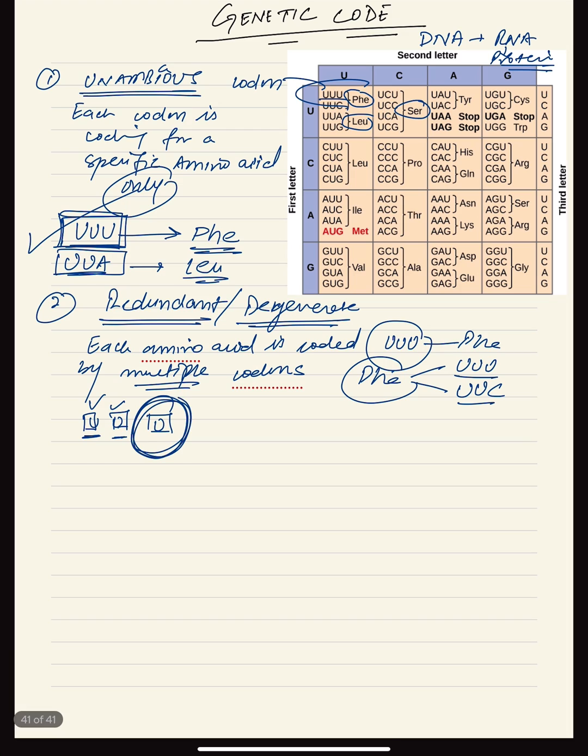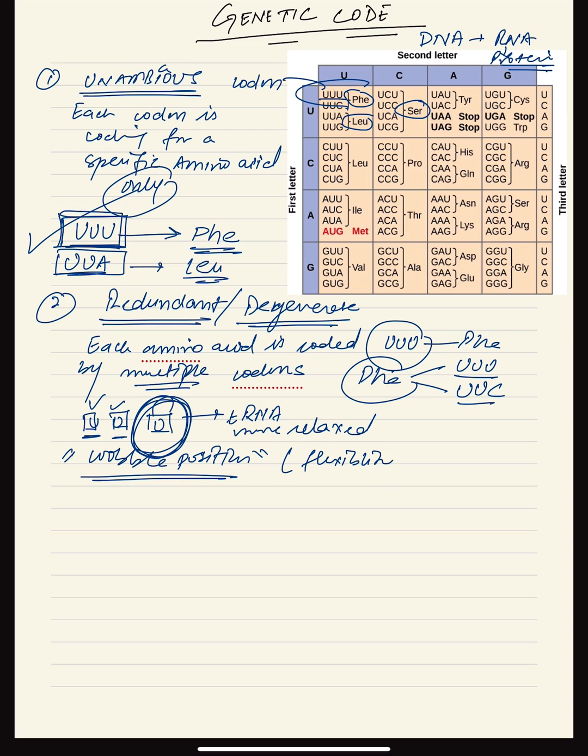But the third position here can vary. tRNA is more relaxed in its way to basically code for this third position, so we call this the wobble position. Now wobble position is the third position on the codon that can vary, that has the flexibility, or is less strict in, basically, transcribing.